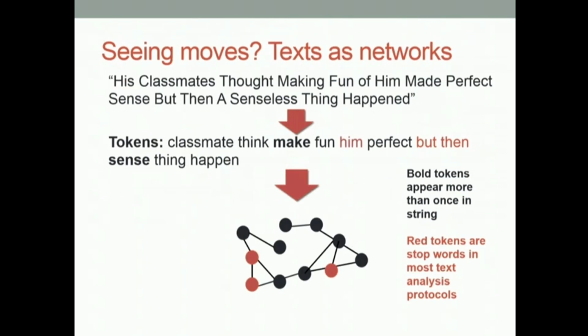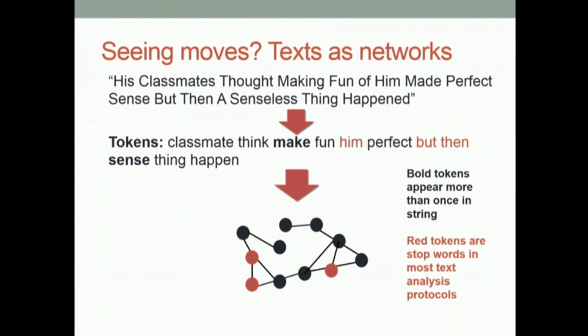So here's what that same string might look like as a graph. And that's not just a random string of dots. What I've done is a little bit of a different parsing of the tokens. I've actually chosen to leave some words in that most folks would take out, because I suspect that they have a role to play, not as tokens themselves, but in building little structures that help create an appeal to pathos.